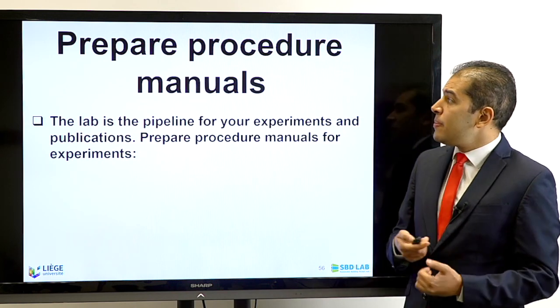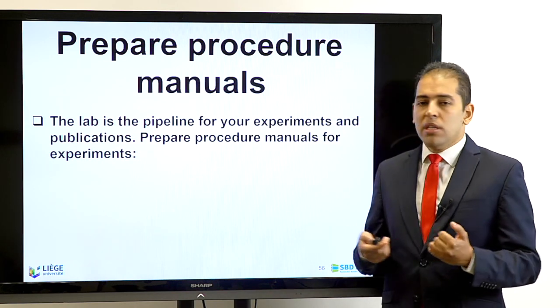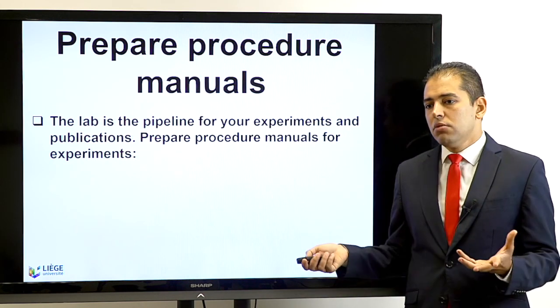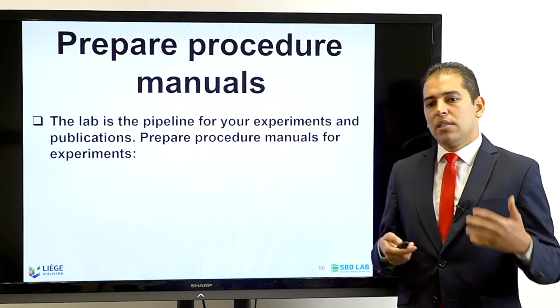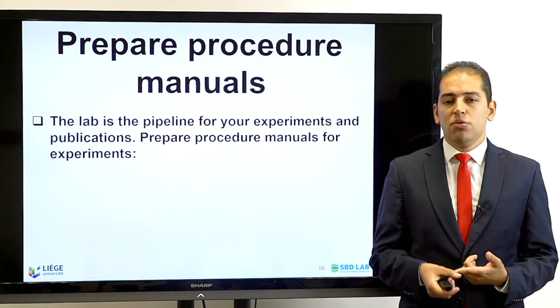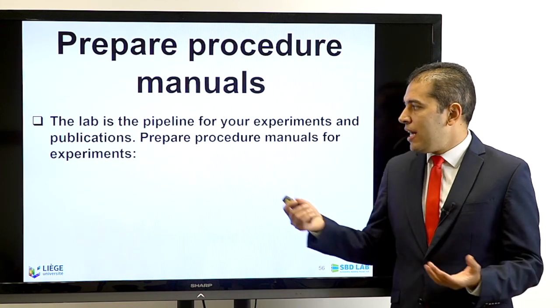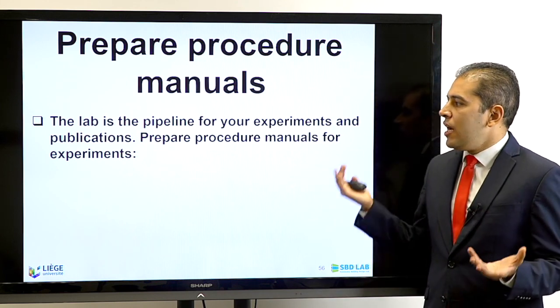Also prepare your procedure manuals. In any lab, you must have a certain series of equipment and tools, and you must facilitate accessing them and using them, whether by visual or video guides or simply having manuals. So the lab is the pipeline for your experiment and publication.